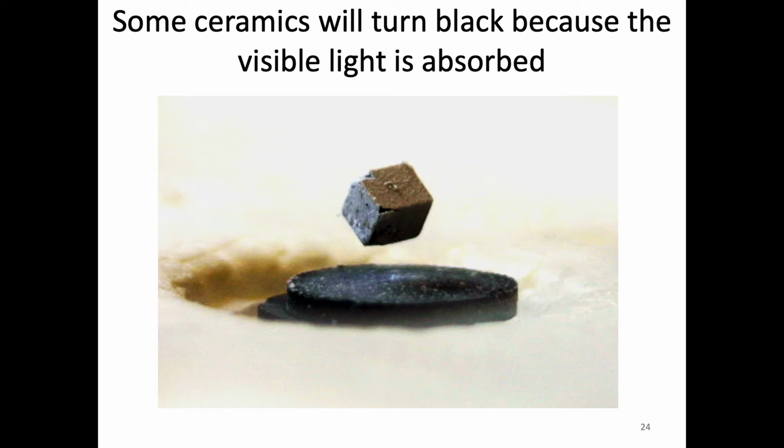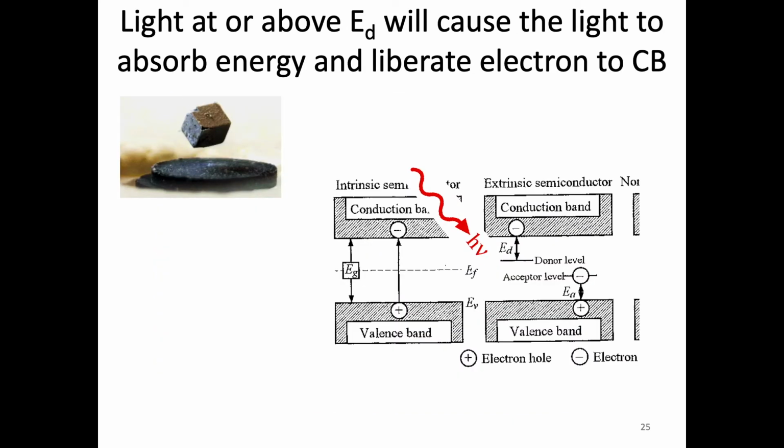If something is dark or black, it means that the visible light is being absorbed and not reflected. If we think about that in terms of the band structure, light that's at or above the donor level will absorb that energy and liberate an electron to the conduction band.